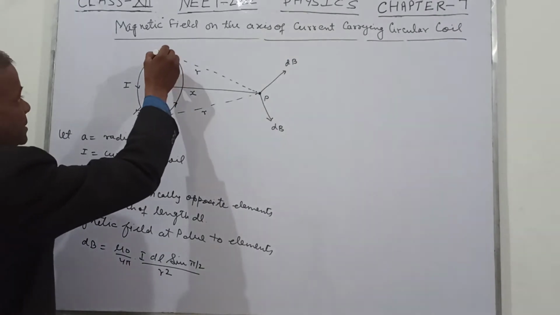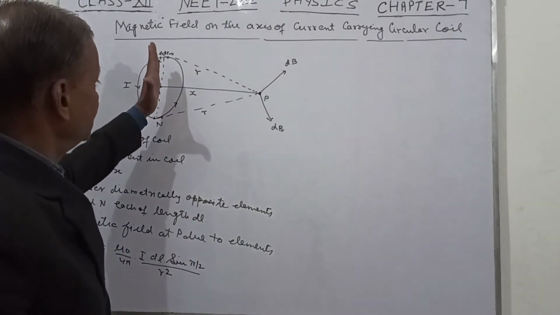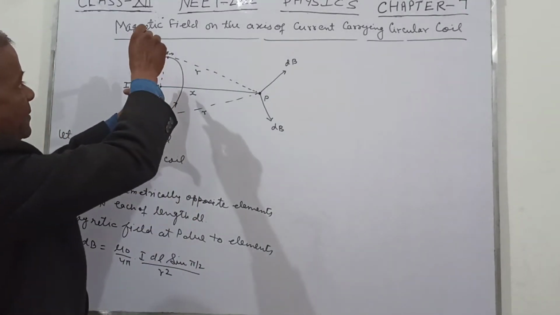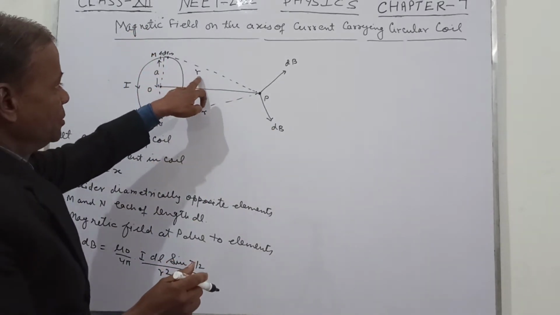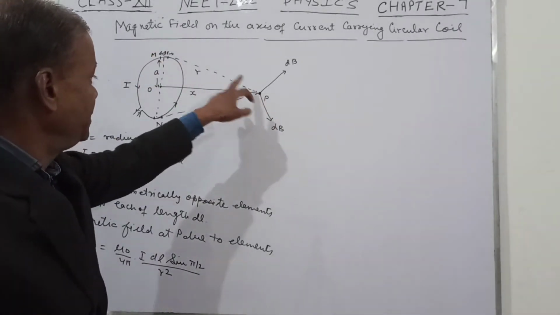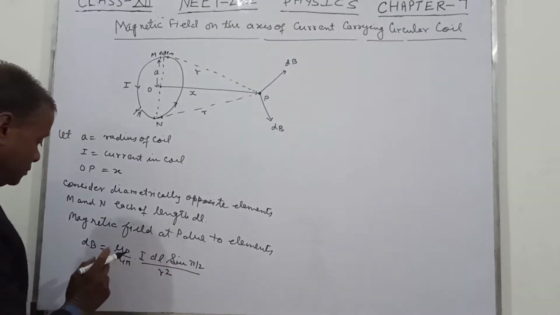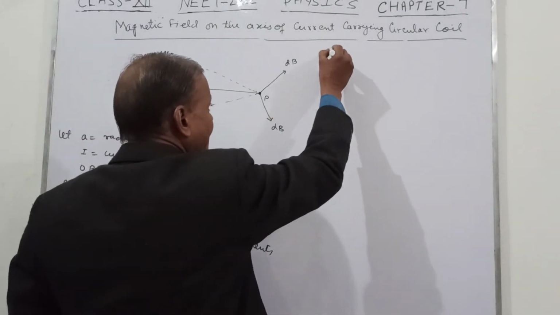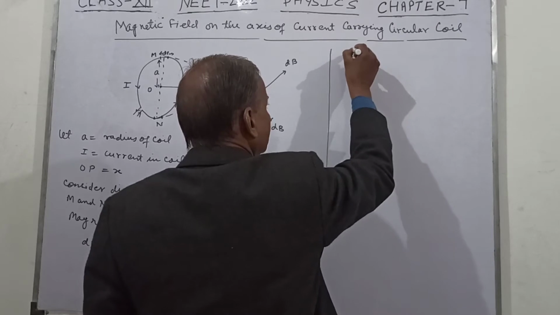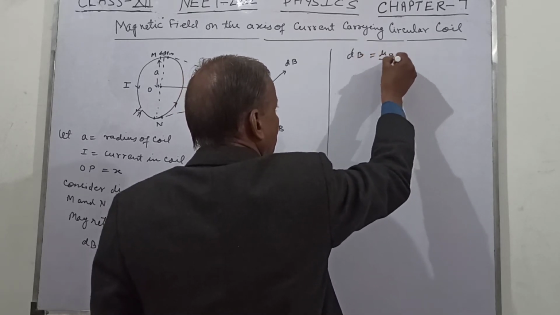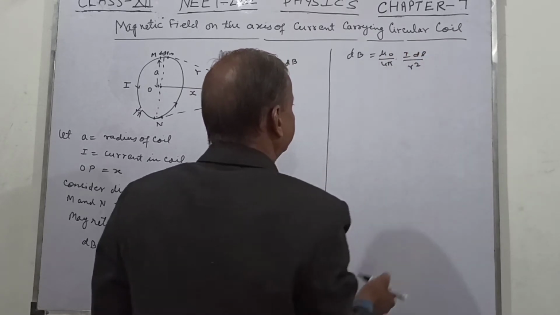You can suppose that I am taking this coil just in this way. If we take the element here, it will make an angle of 90 degrees with this line PM. So because of that, here this is not pi by 2. So dB equal to mu naught upon 4 pi into I dl upon r square.